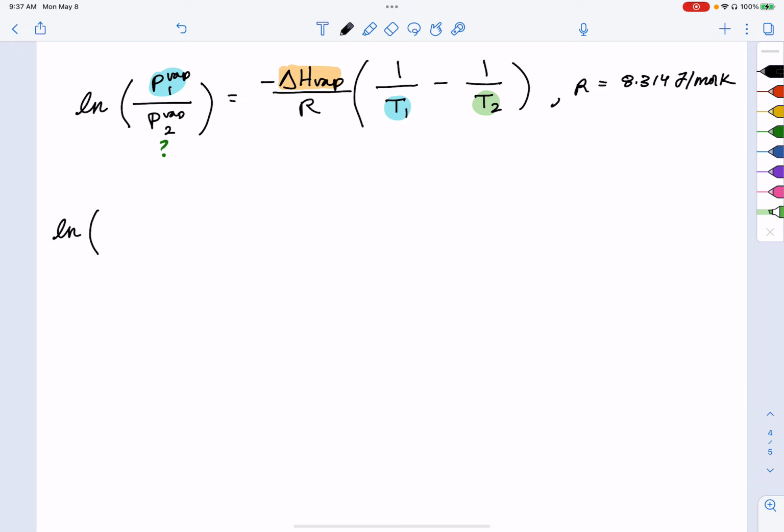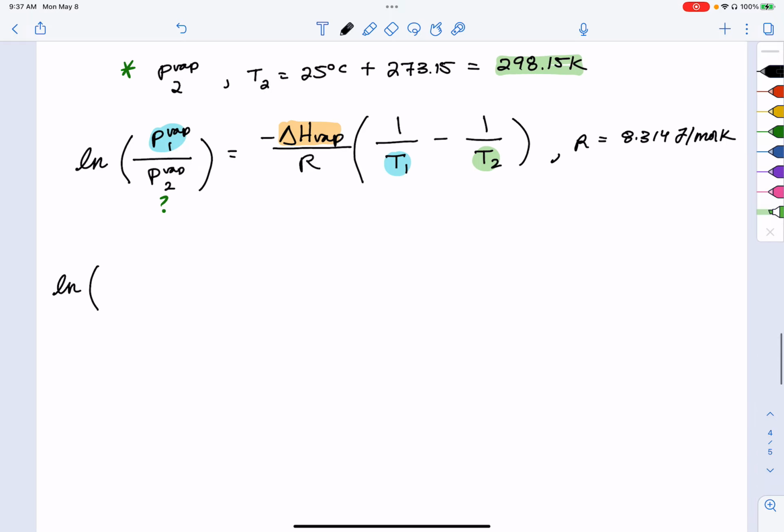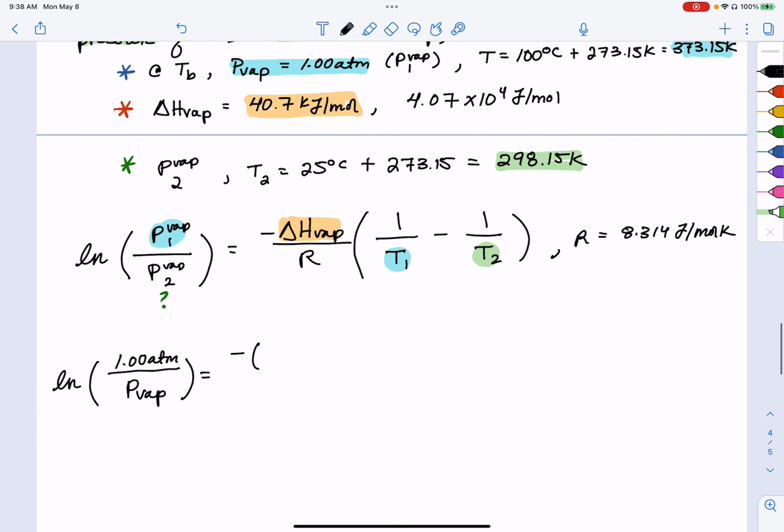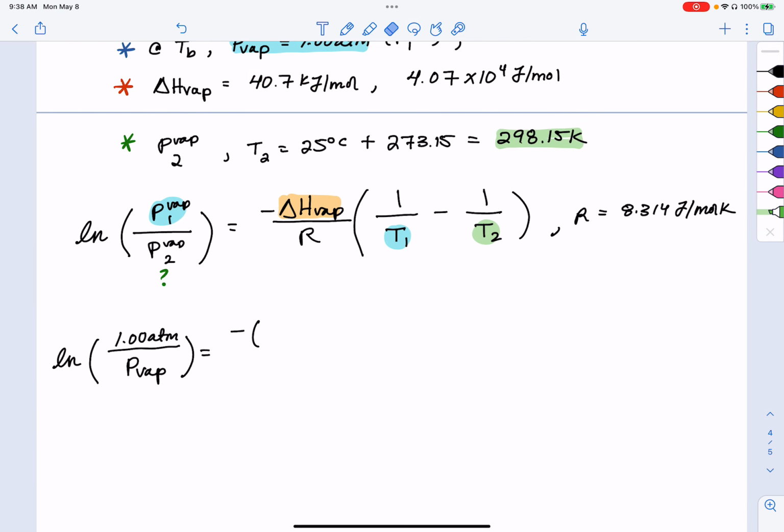So the natural log of our vapor pressure at our first condition, that's our vapor pressure at our boiling point, over the vapor pressure at our second condition is equal to negative our heat of vaporization, which was put into the correct units, 4.07 times 10 to the 4 joules per mole, over our gas constant, 8.314 joules per mole Kelvin.